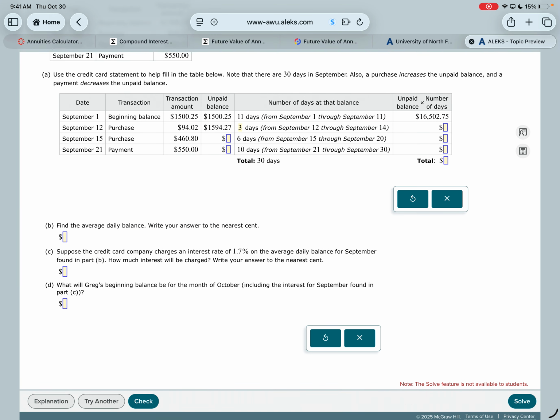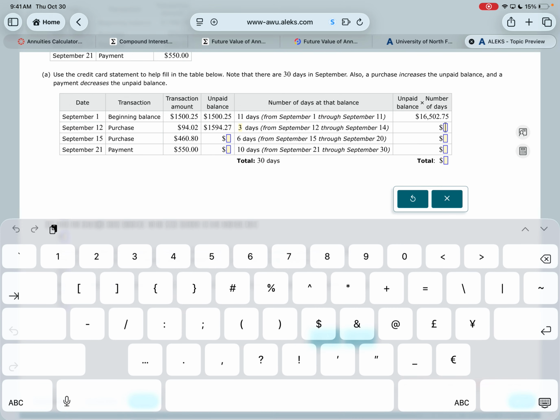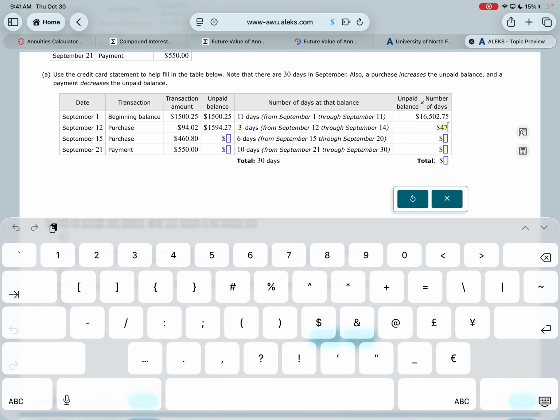So we carried a balance of $1,594.27 for 3 days. So we multiply those numbers to get 4782.81. So every day it was $1,594 plus $1,594 plus $1,594. The easy way to do that is $1,594 times 3. Okay. So my new balance after I make another purchase for $460, I was at $1,594.27, and then I made a purchase of $460.80.